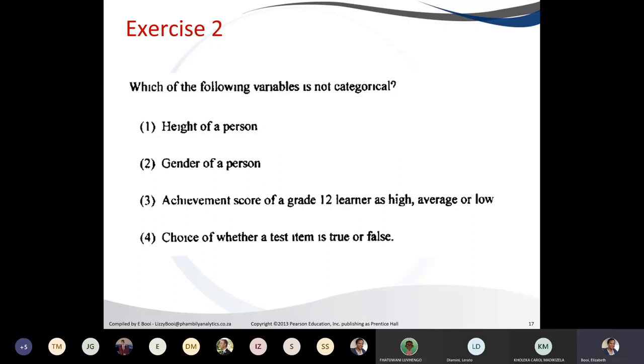You have height of a person, gender of a person, achievement score of grade 12 learners as high, average, and low, and choice of whether the test item is true or false. Just look at that, and then we will go through each statement and identify the type of variable for each.